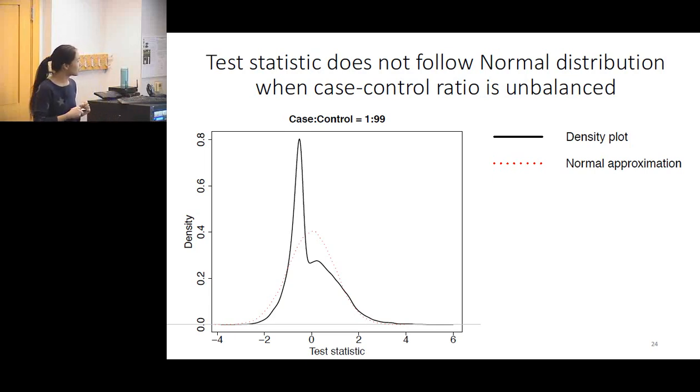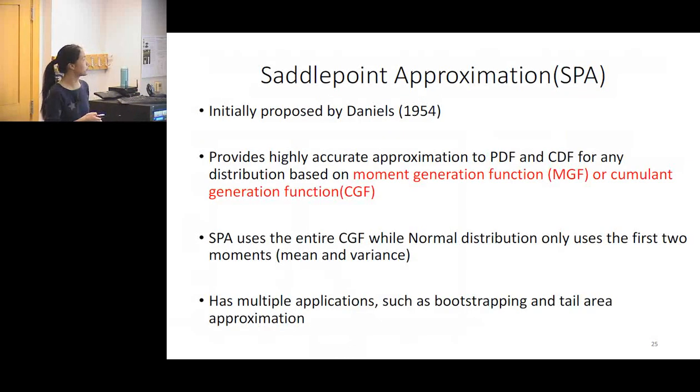The dotted line is the normal approximation. You can see our test statistic actually does not follow a normal distribution, so if we assume it does in the logistic mixed model, it can give us some problems.